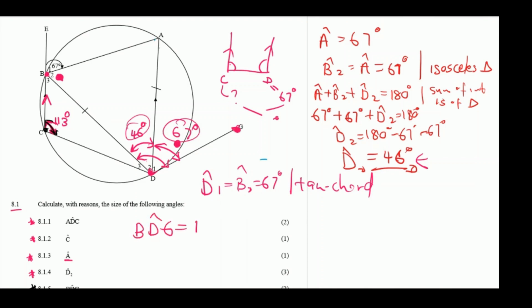Which is equal to D1 plus D2. And D1 is your 67 degrees plus D2, which is your 46 degrees. It will give you 113 degrees. So this is your final answer.